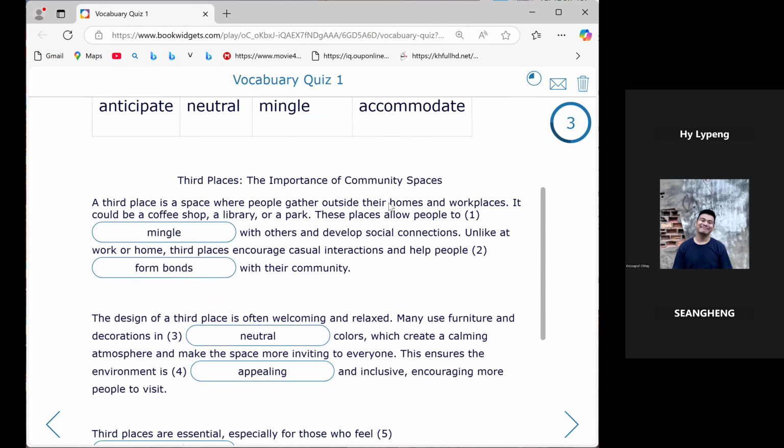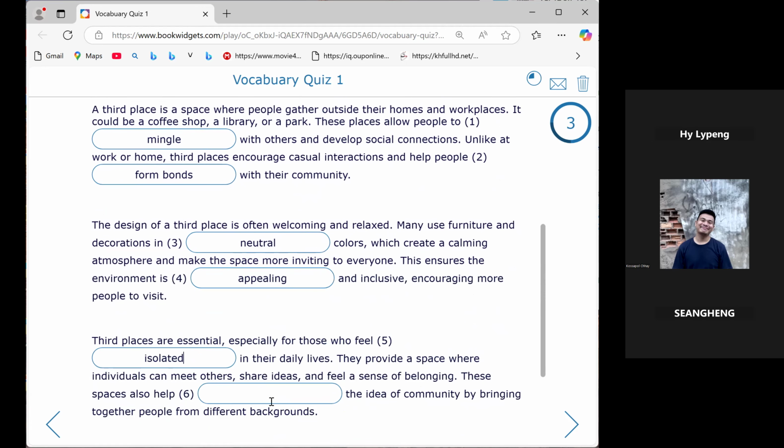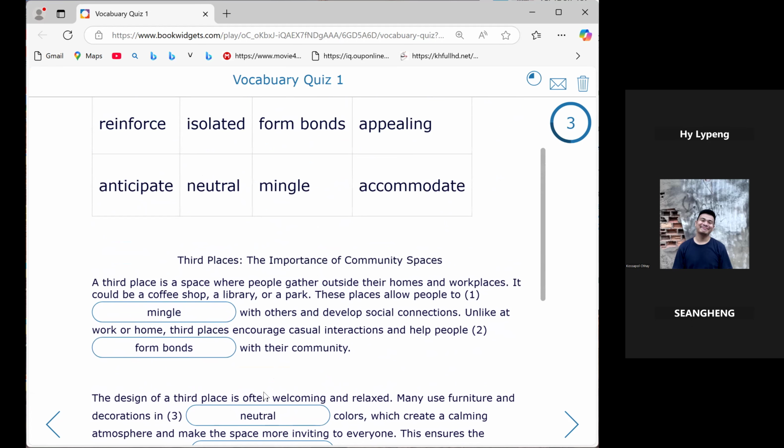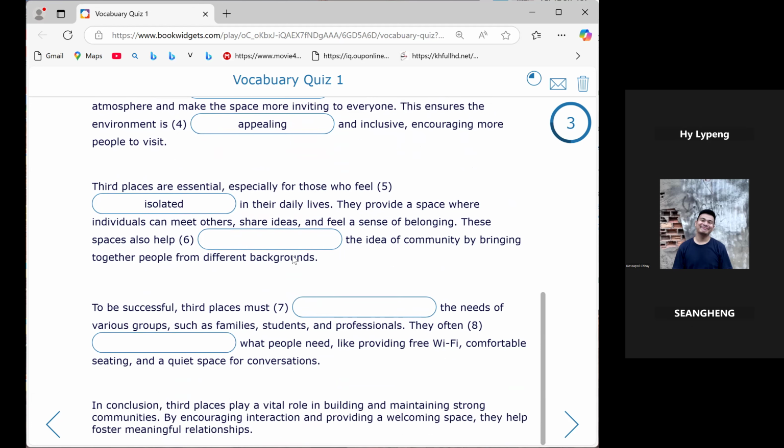Have reinforced the idea of people together from different backgrounds. I think not accommodate. Reinforce means strengthen. So this strengthens the idea of community.